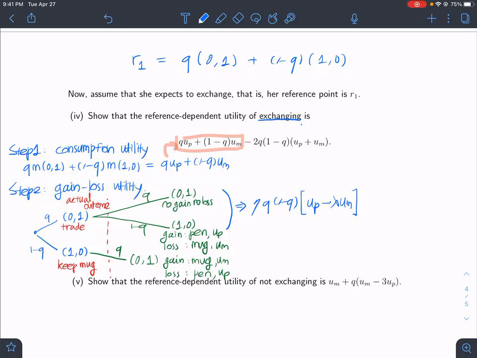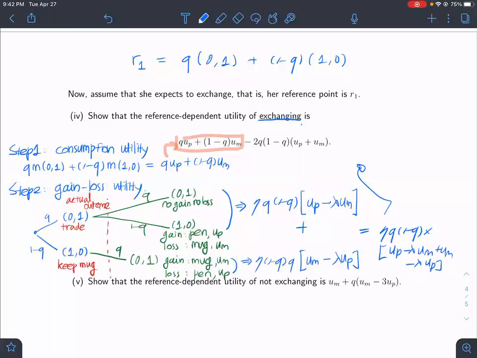Does that make sense? And for here, eta for gain loss utility, 1 minus q for the actual outcome, q for my expectation. I get a mug, UM. Oh my god, I lost a pen. So lambda UP. If I add up these two guys, then it will be eta q 1 minus q, UP minus lambda UM plus UM minus lambda UP.